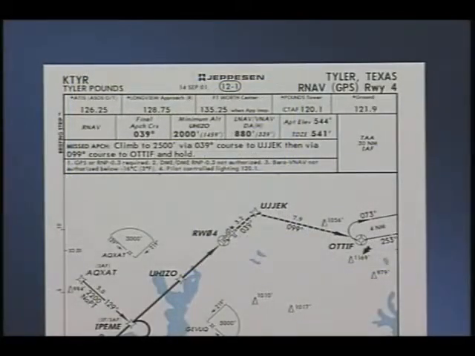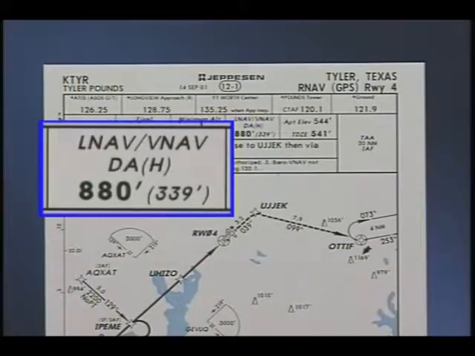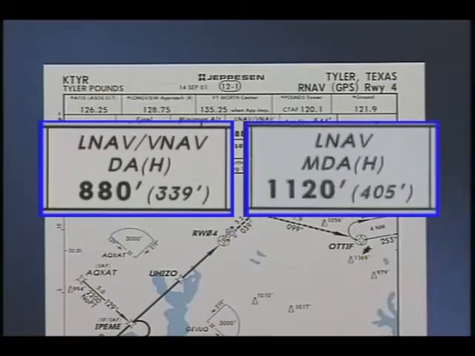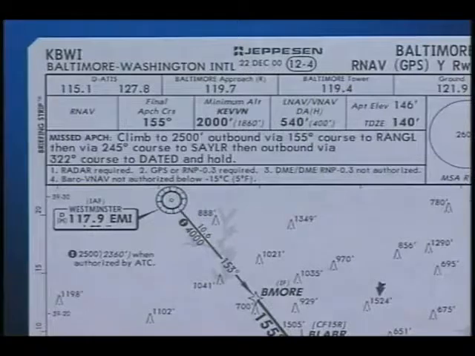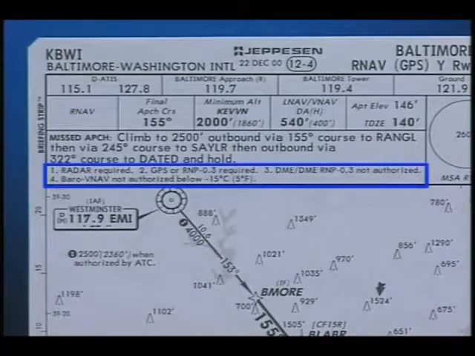Another change in the heading section is the way decision altitudes are portrayed. The lowest decision altitude or minimum descent altitude is still given. However, it is referred to as the LNAV/VNAV DA (H) or the LNAV MDA (H). New notes will also show up on RNAV charts in the heading portion of the chart.